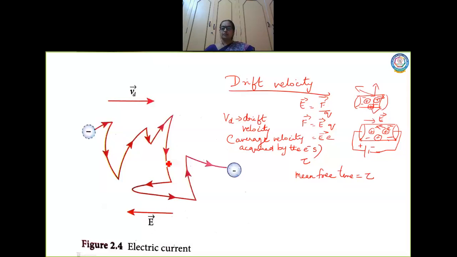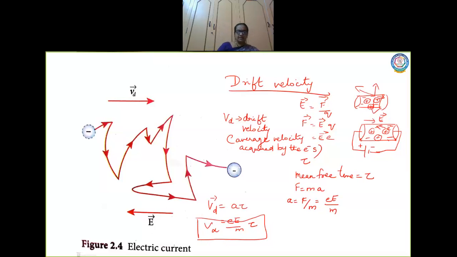We know the formula F is equal to m into a, or a is equal to F by m, and these electrons will experience a force, so a is equal to E into e by m. We have the formula for velocity, Vd is equal to a into tau, and a is E into e by m, so Vd is e E tau by m. This is the formula for drift velocity. And e tau by m is also called mu, which is called mobility.